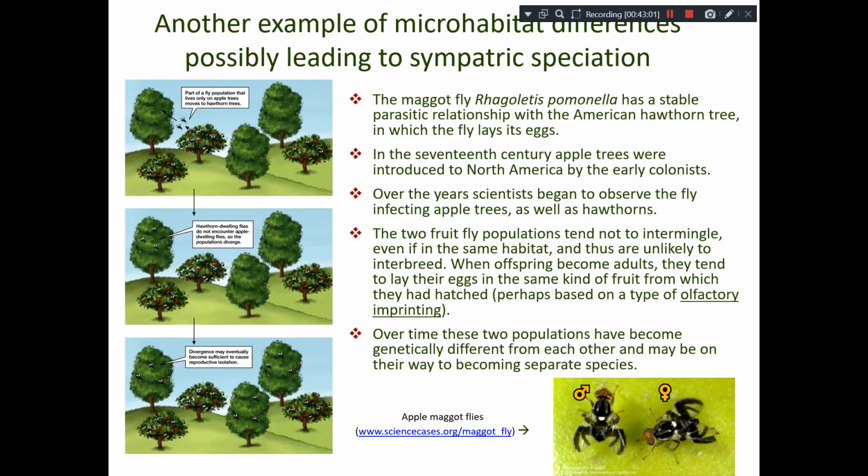You take the example of one particular maggot, Rhagoletis pomonella. This is the parasitic relationship with the American northern tree, on which they fly and lay their eggs.